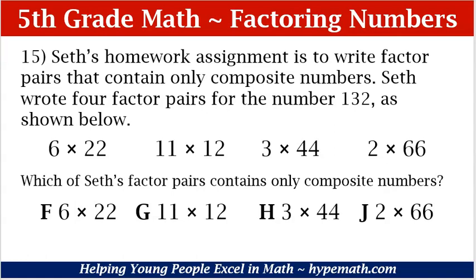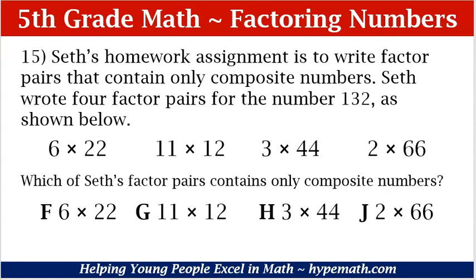Which of Seth's factor pairs contains only composite numbers? Is it F, 6 times 22, G, 11 times 12, H, 3 times 44, or J, 2 times 66?